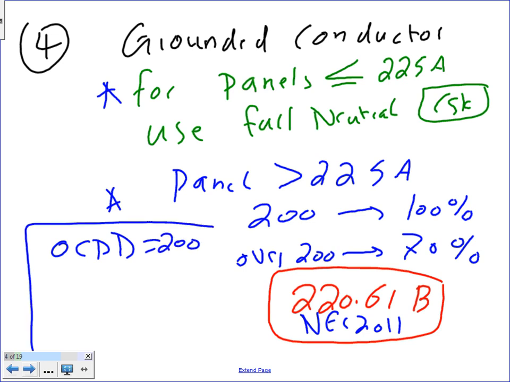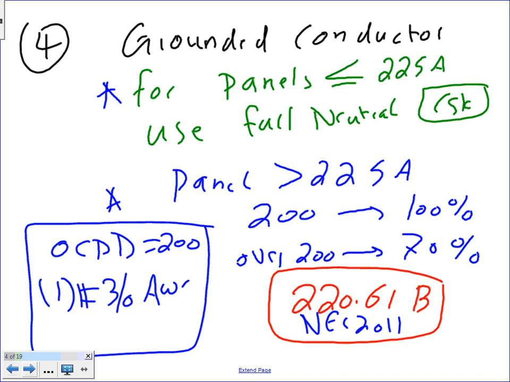So I'm going to apply this rule on it, since it's 200, which would be the panel size based on the code. In a case like this, I have 1 conductor, number 3/0 AWG, THHN.